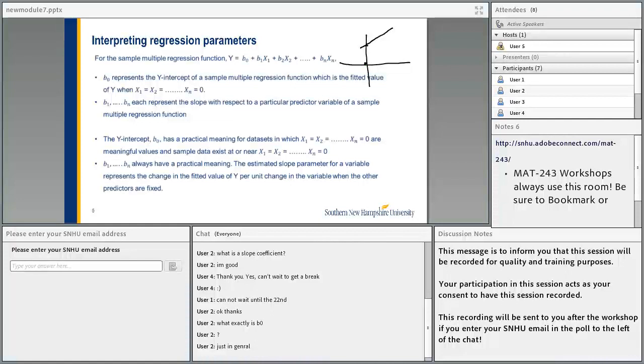This distance from zero up to this point on my y-axis, this entire distance is B0. Because here, all my x values are 0 at this point. At the origin, all my x values are 0. So I still have a value for y.